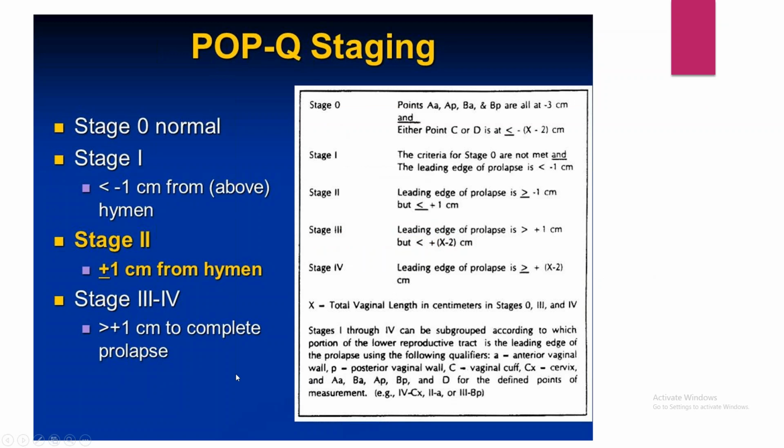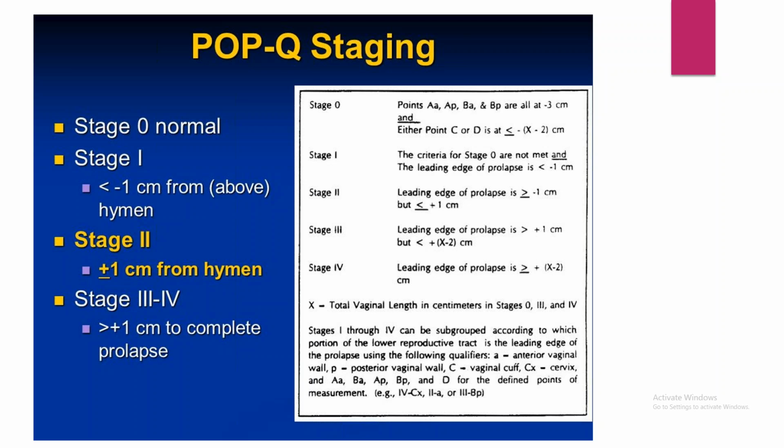Yes, ma'am. So now after measuring this, we have to stage this POPQ. Okay? So how are we going to stage this? It goes from stage 0 to stage 4. Stage 0 is the normal position of all the organs.